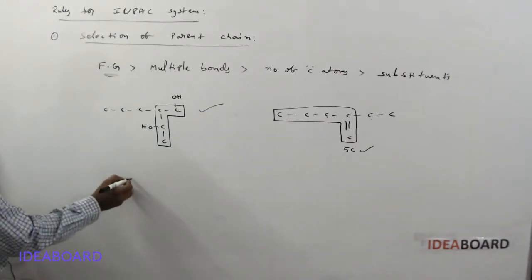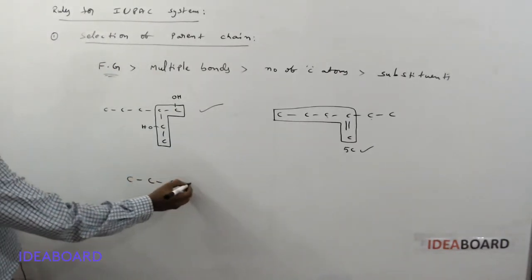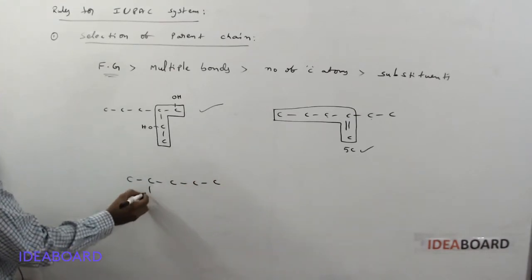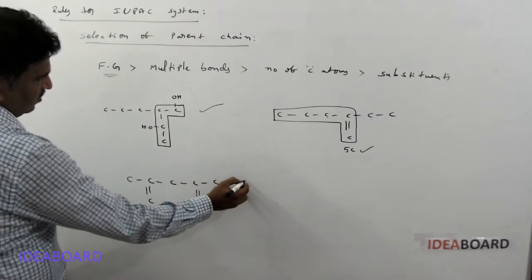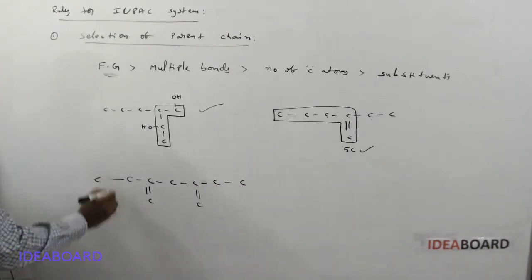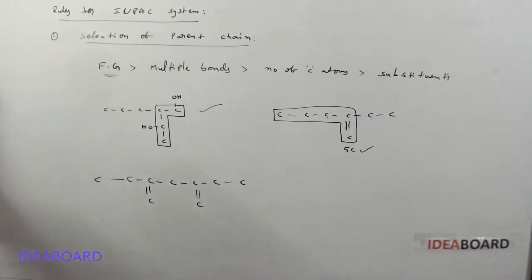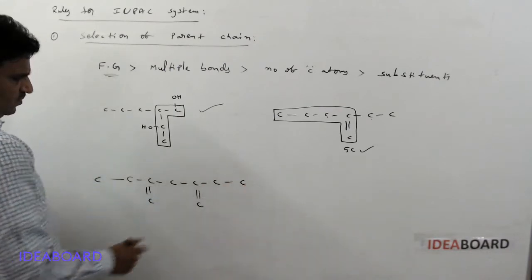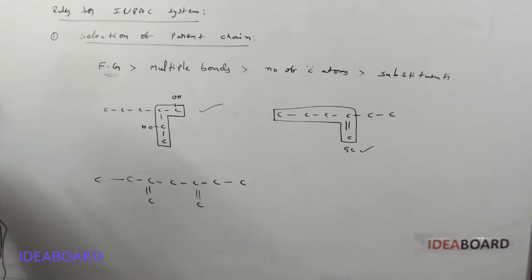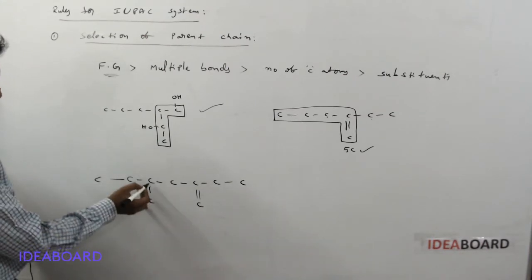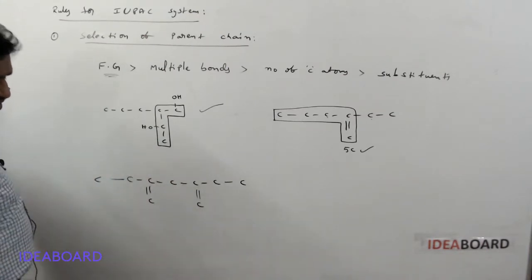Okay. And next, suppose here we have a double bond, and here we have another double bond, and here the carbon chain is there. In the longest possible chain, if you count 1, 2, 3, 4, 5, 6, 7, there are 7 carbon atoms. But here this double bond is not coming in, and this carbon also is not coming in.